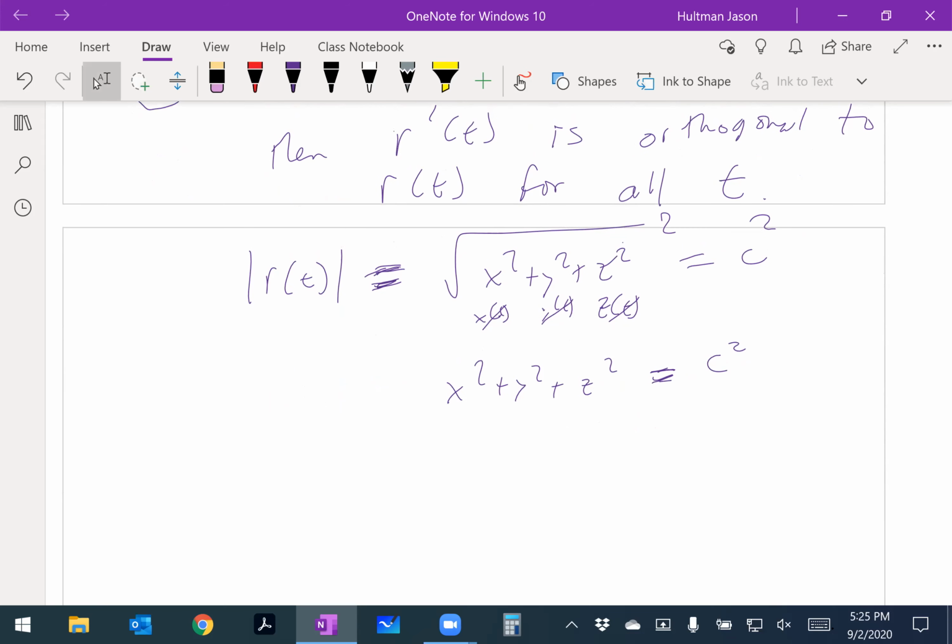It's going to be a little different. Let's do x times x plus y times y plus z times z is equal to c squared. Why do you think I did that? Any ideas?